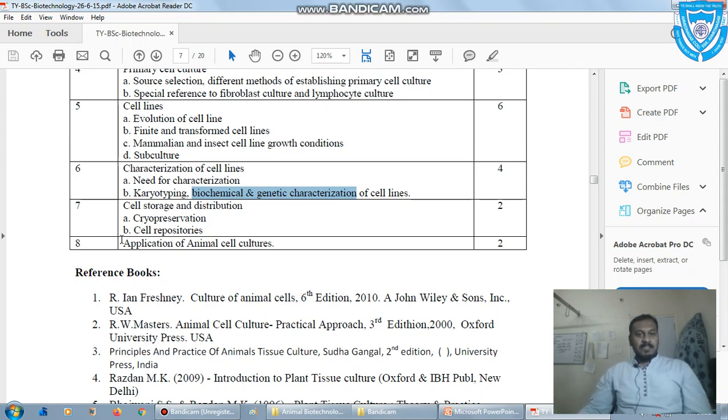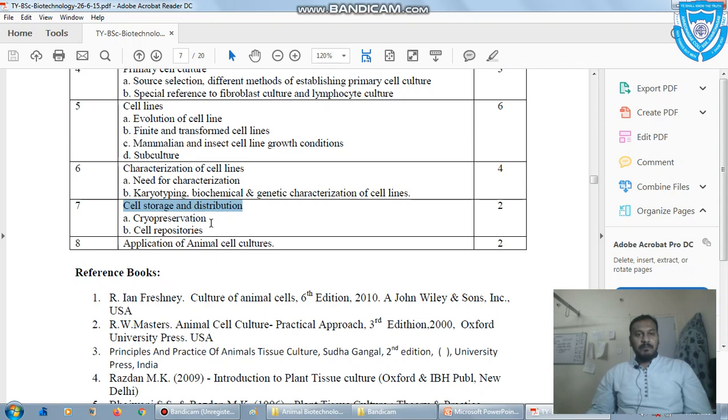The next thing is cell storage and distribution. This is again one of the important topics, because whatever cells we are culturing in the laboratory should be preserved properly in our repository.